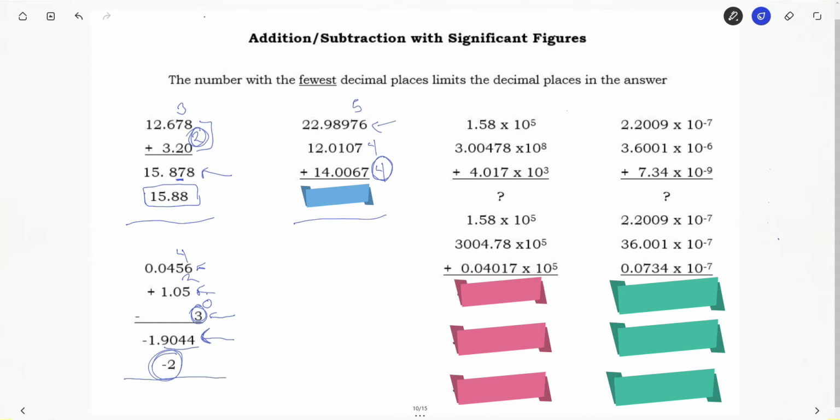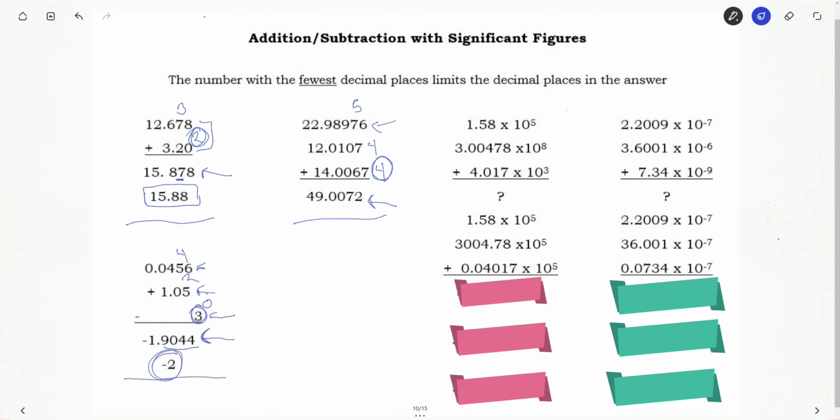When I put this in my calculator, this is the answer I get. And lo and behold, at least my calculator actually gave me the correct number of sig figs. Huzzah! Again, don't trust those calculators, but sometimes they do give you the correct number of sig figs. That one was an easy one.